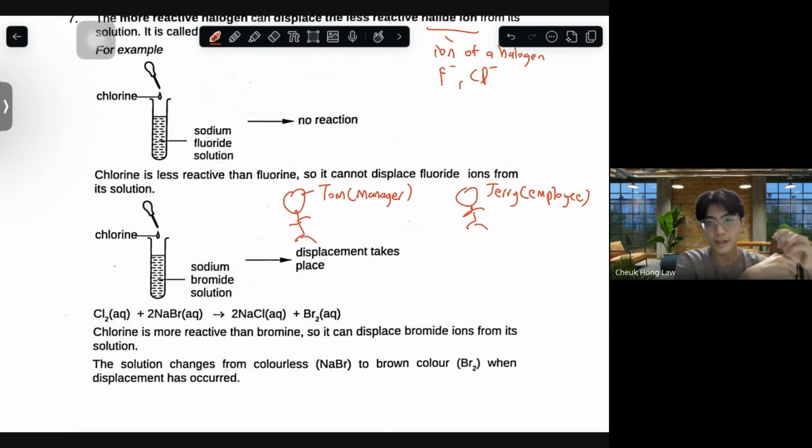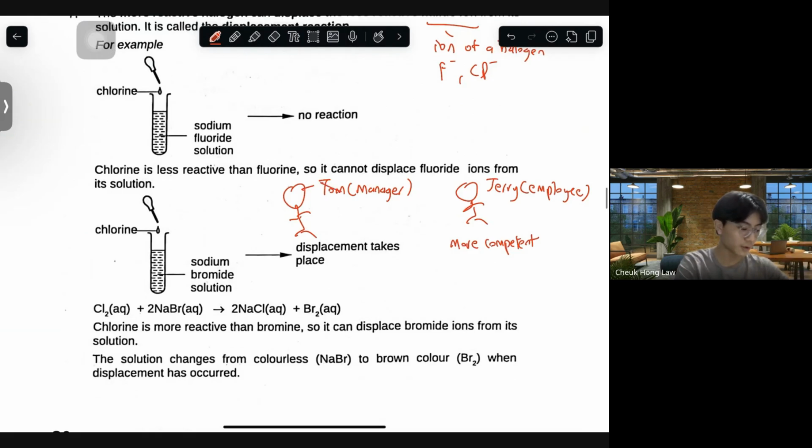But the thing about Jerry is he was far more competent, because he could solve problems quickly, he could communicate well, and he basically got the respect of the whole team. So what did the CEO do? The CEO replaced Tom with Jerry.